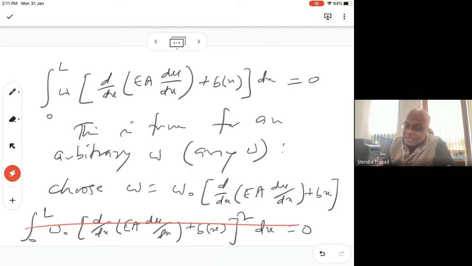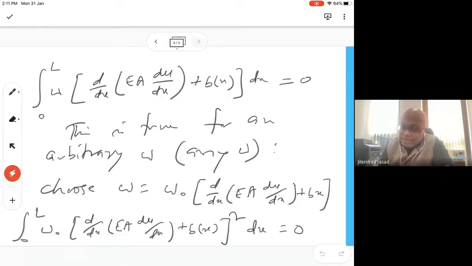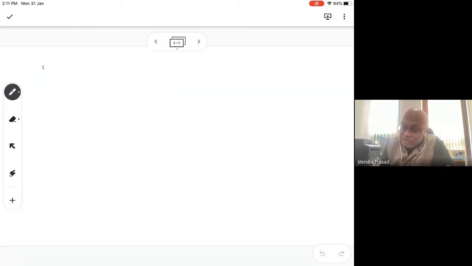If that is the case, you have w naught here, which is anything. Again, w naught is arbitrary. It could be a non-zero value. And then you have this whole square. It's possible only when, so w naught is let us say greater than 0 always.